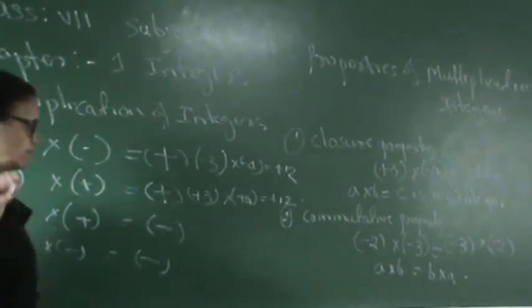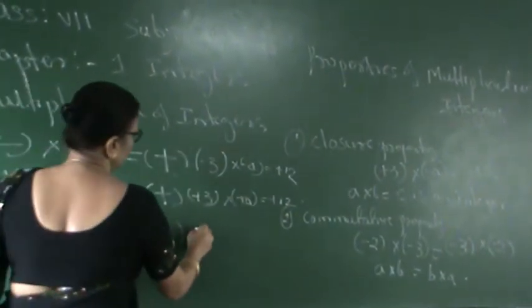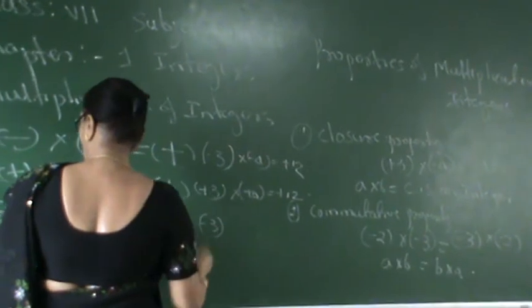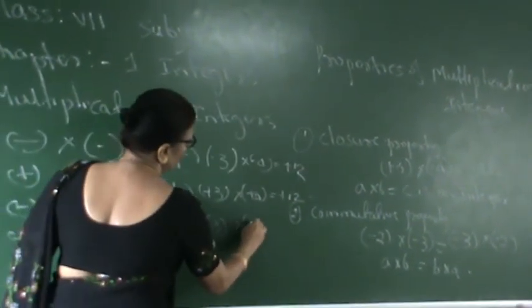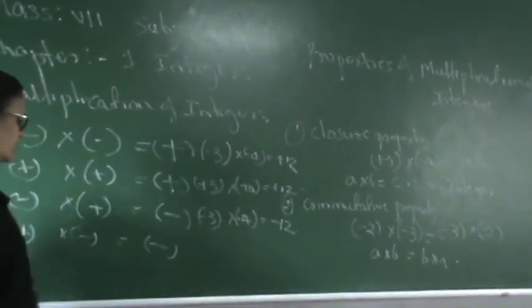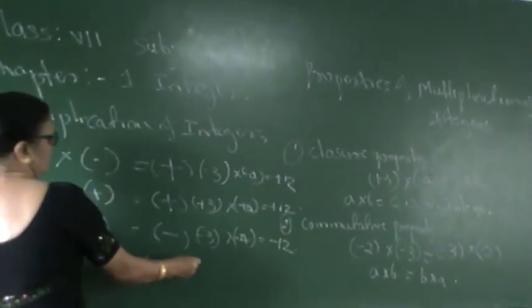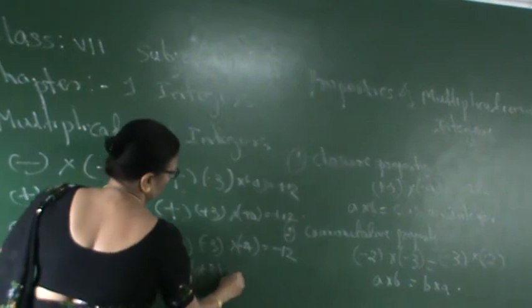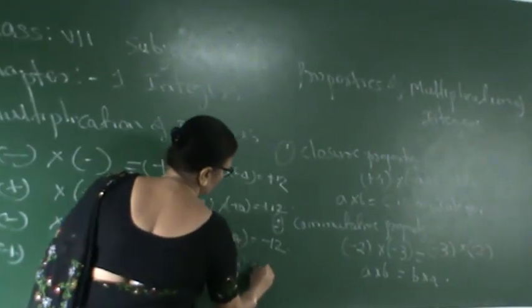The product is positive. If you are multiplying one negative and one positive integer, you will get a negative integer. The product is a negative integer. Plus 3 into minus 4 is equal to minus 12.